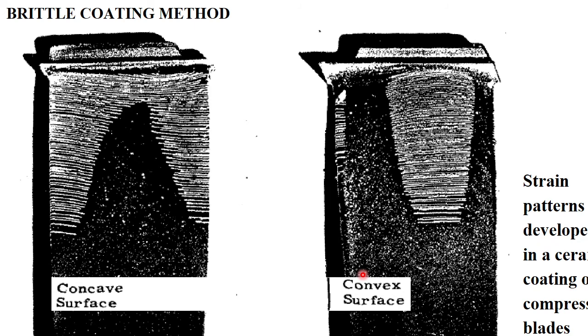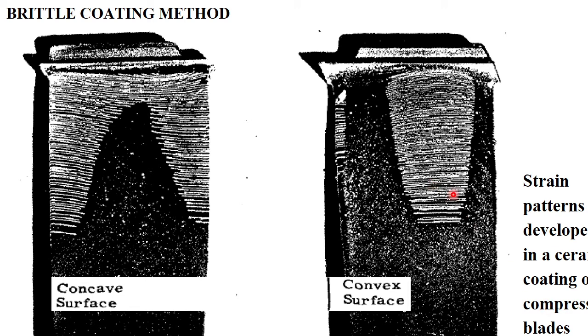Another technique is the brittle coating method. What is done here is, in the unstressed condition, we apply a paint-like coating to the object which will be stressed afterwards. For example, in this figure, these are compressor blades.